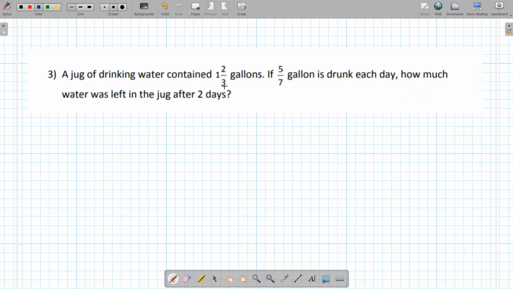A jug contains 1 2/3 gallons of water. If 5/7 of a gallon is drunk each day, how much water is left after 2 days?